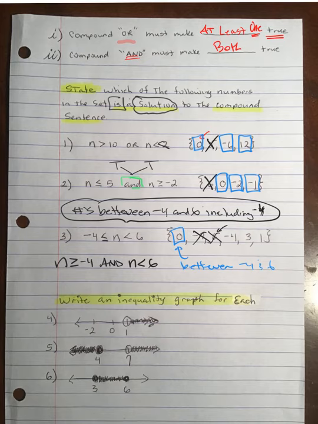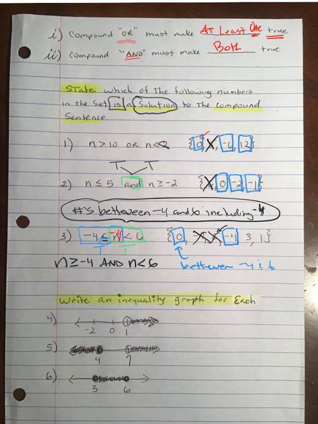Is -4 between? If we plug in -4 here and look at this side, is -4 less than or equal to -4? Isn't that true? Because it's equal to. And then is -4 less than 6? That's also true. So it made both of them true, therefore -4 is a solution.